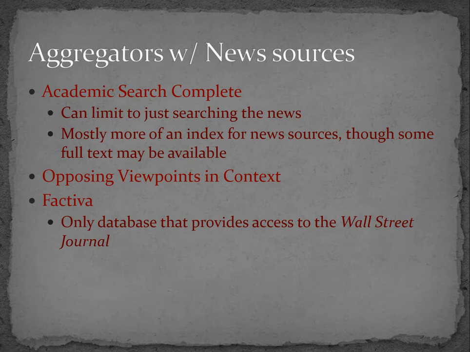And then there's another aggregator called Factiva that also has access to some news items, particularly though it's the only database that provides access to the Wall Street Journal. If you feel like you need to look for articles in the Wall Street Journal, you will use Factiva, and it is on that newspapers and magazines list as well.